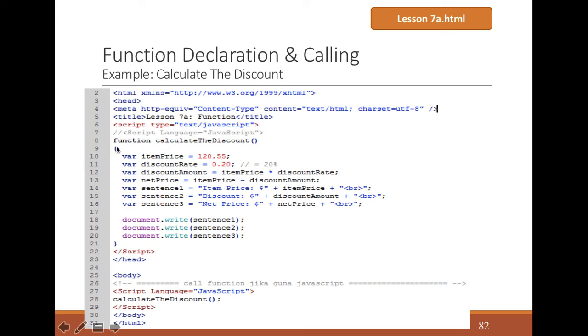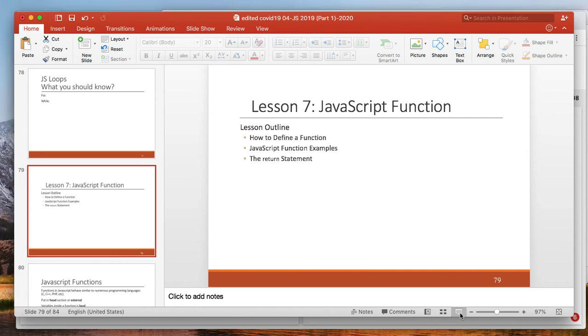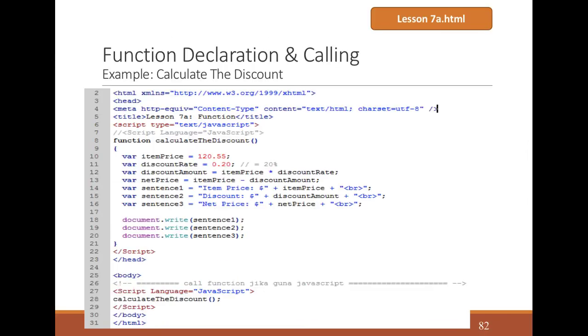And then you put curly braces, and then you have variables, item price 1 to 0.55 and so on. These are the variables, and then document.write the sentence of the variables itself. If you look carefully, this is the way to define calculate the discount.